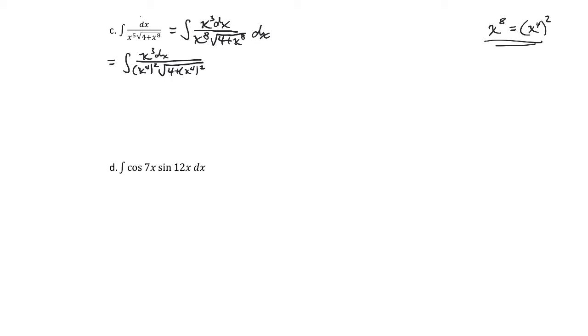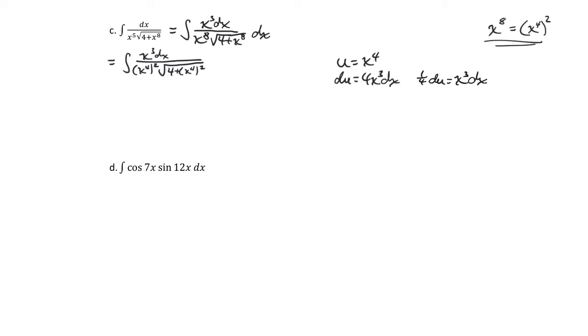And now the substitution seems to be appropriate. So I'll let u be equal to x to the 4th. du is 4x cubed dx. I have the x cubed dx, I don't have the 4, so I need to multiply both sides by 1/4. And so I end up with 1/4 du is equal to x cubed dx.